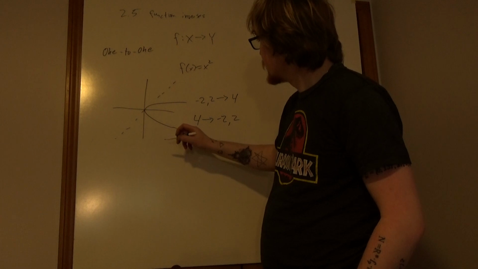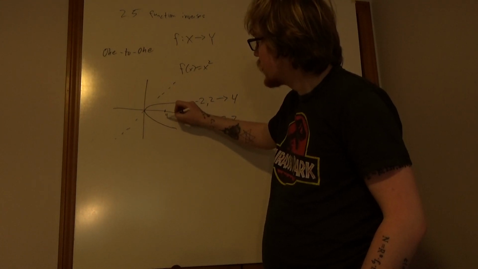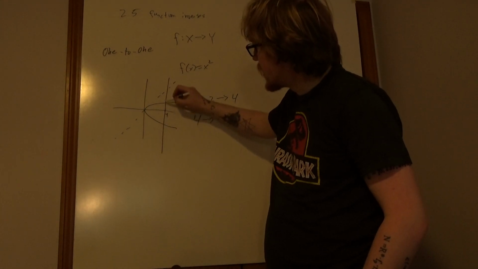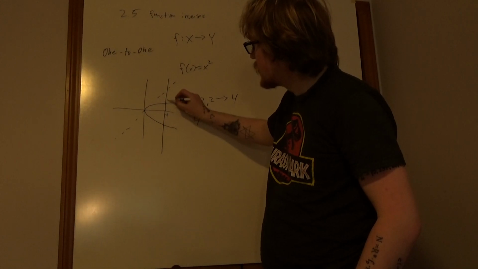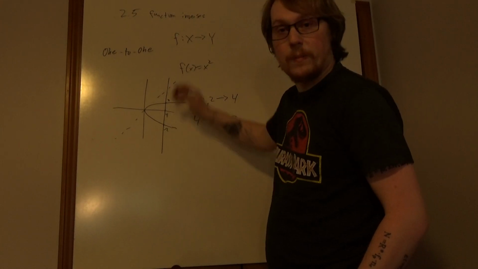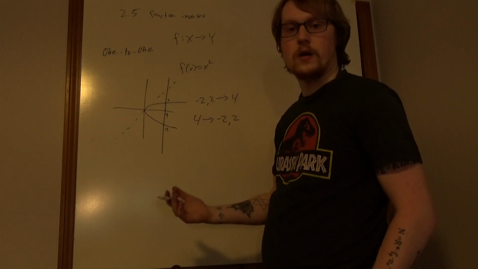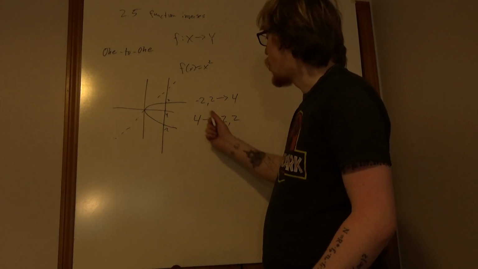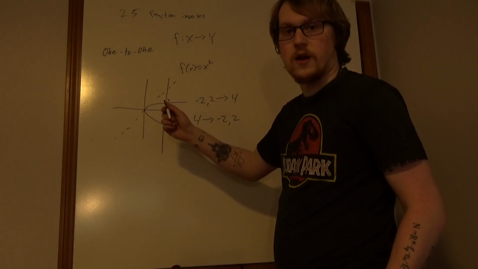And so here we can see that at 4, it does indeed cross this at 2 and -2, but because it does it for more than one point, it fails the vertical line test, and so whatever this structure is, it's not a function.